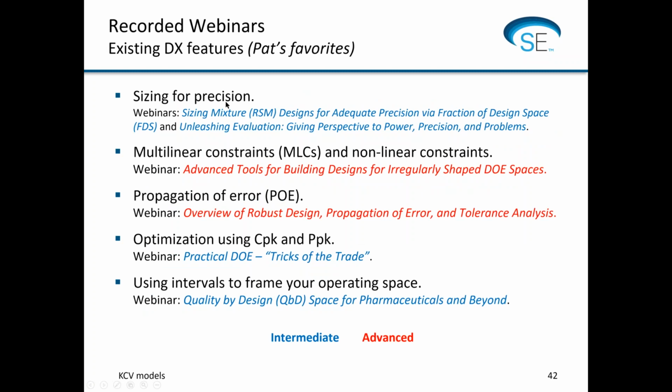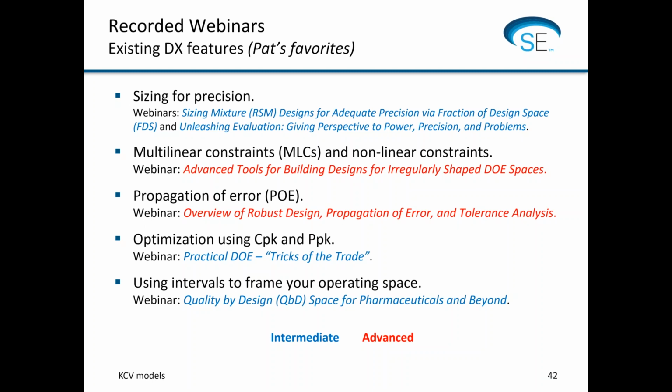Okay, here's my list of webinars: sizing for precision, both response surface designs and mixture designs. I think it's really important to size them to get the precision you want. It's another tool you have to judge whether or not the design you're going to run is going to be adequate for your purposes. It's a lot like power in factorial designs, but power doesn't work well for RSM and doesn't work at all for mixtures.